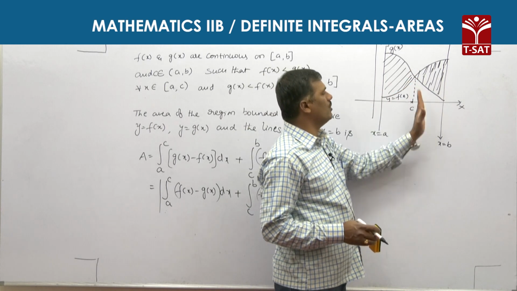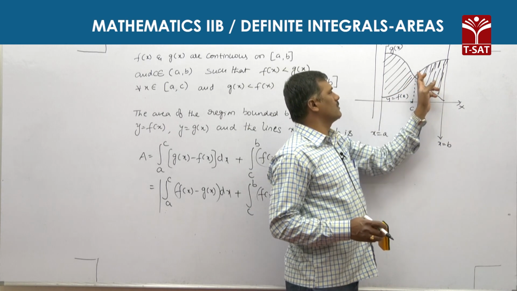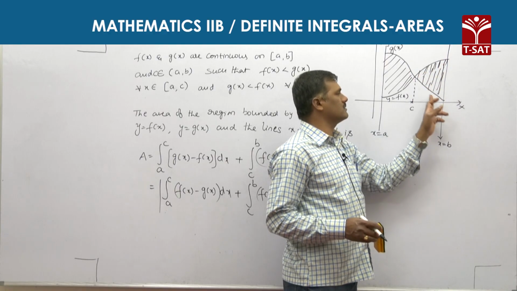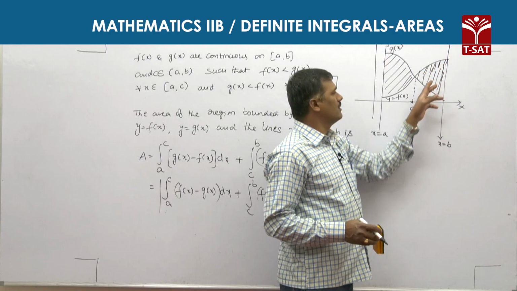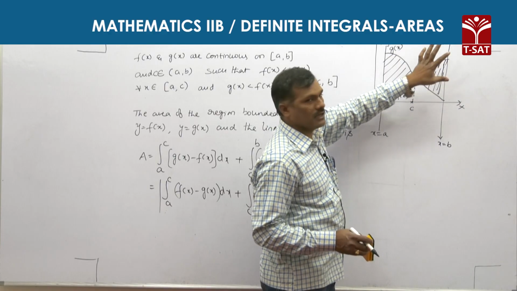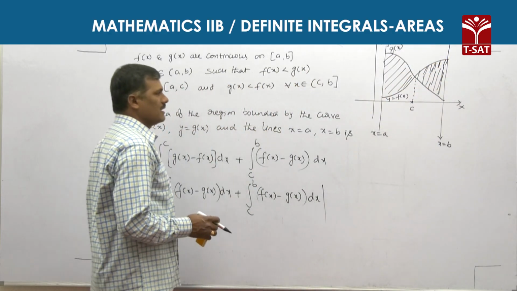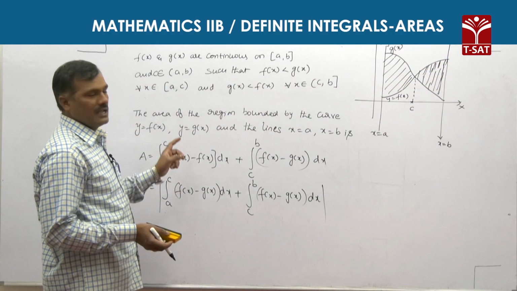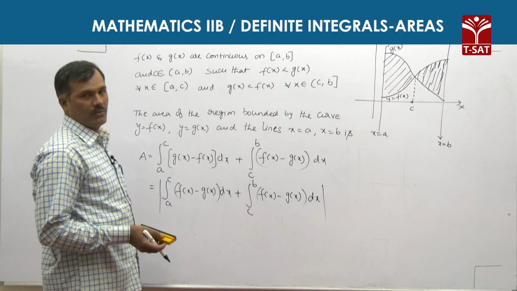From c to b, f of x goes to the upper curve and g of x goes down, this is the lower curve. So this area plus this area is equal to the total area of the given two functions formed by the lines x is equal to a, x is equal to b.